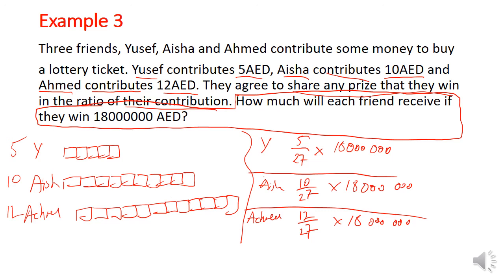And that would give us 3,333,333.3 recurring dirhams. And for Aisha, it would be double that amount.